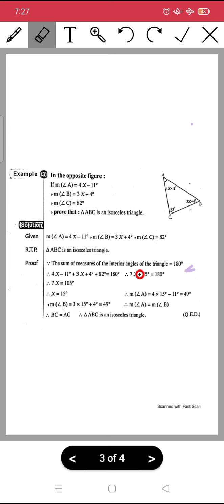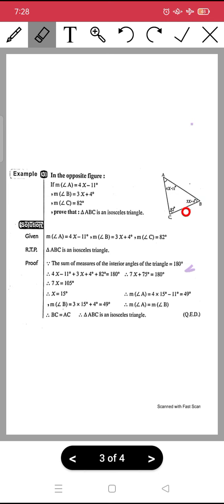Negative 11 plus 4 plus 82 gives positive 75. So 7x plus 75 equals 180. We put 75 on the other side with a minus, so 7x equals 180 minus 75, which gives 105. We divide: x equals 105 divided by 7, so it gives 15.